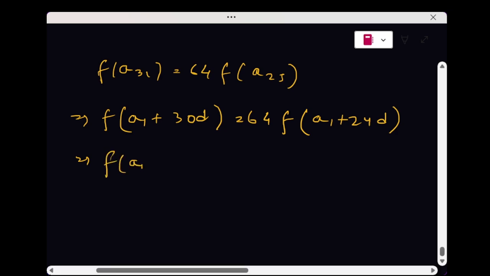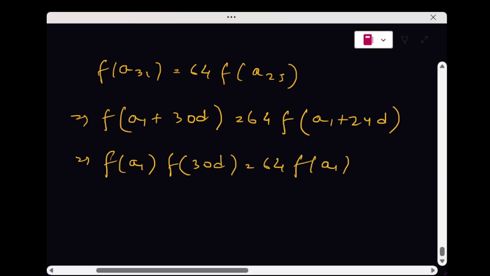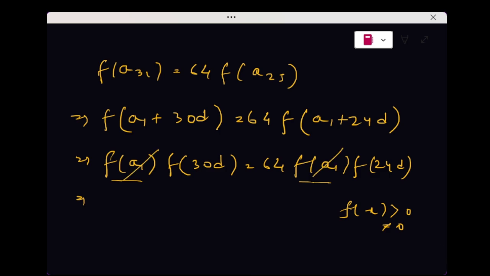Using this result, we can write f(a1) into f(30d) equal to 64 f(a1) into f(24d). Now remember that f(x) is always greater than 0, so this is non-zero. We can cancel f(a1) on both sides. So we get f(30d) equal to 64 f(24d).